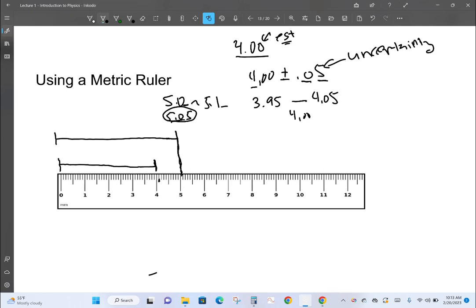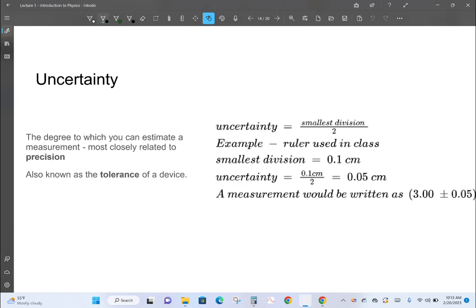And so all our measured values, even if they're dead on even, like the one that was on 4 centimeters, should have 2 decimal places because these are significant in the measurement itself. So the rule of thumb is to find the uncertainty, which is the degree to which you can estimate a measurement, which tells you how precise that measurement is.